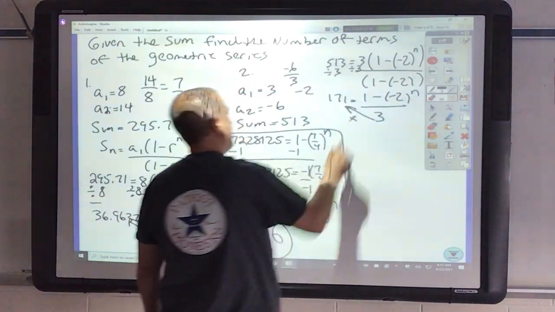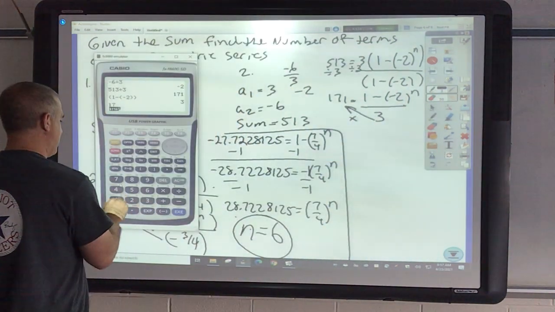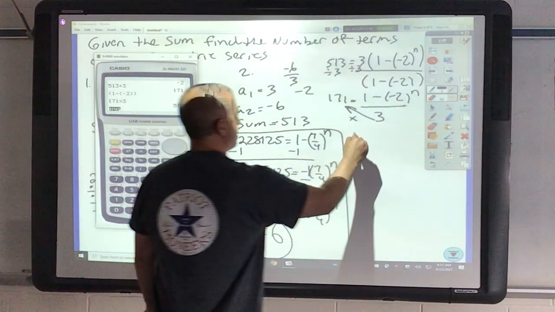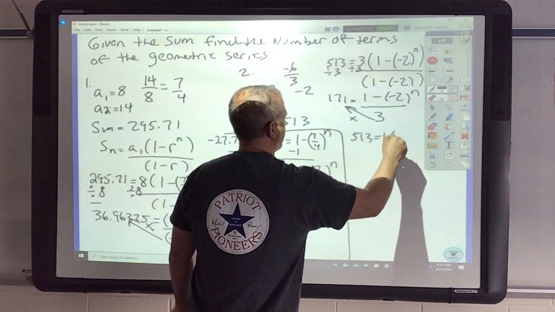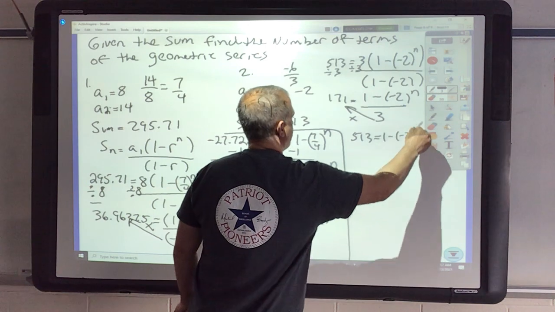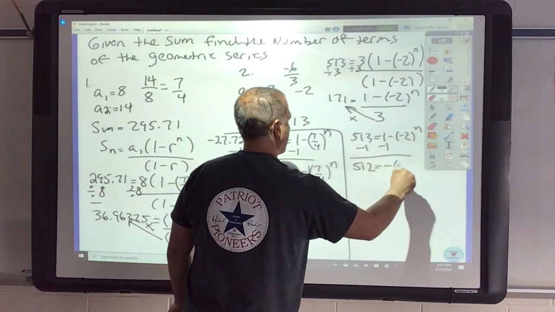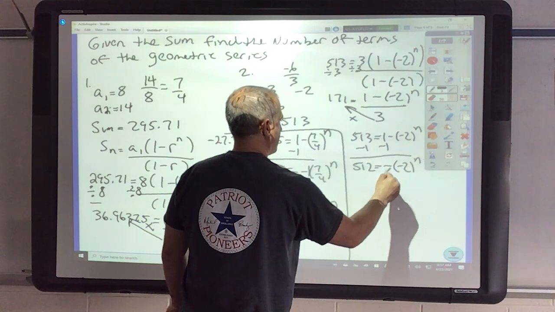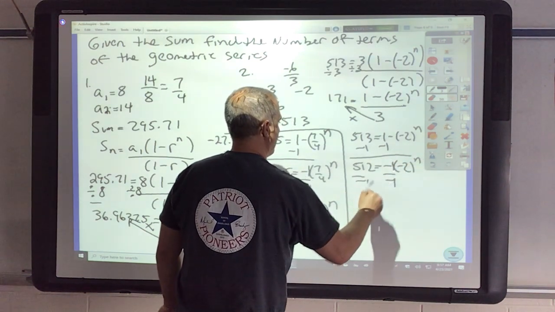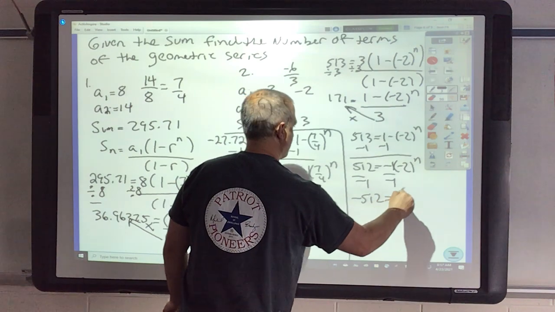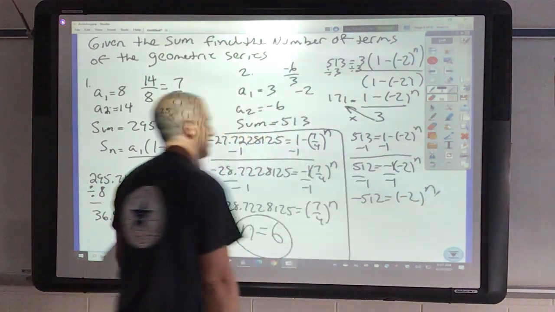And I got 1 minus -2 to the n power. I'm going to cross multiply that. 171 times 3 is 513. We got 1 minus negative 2 to the nth power. I'm going to subtract a 1. So I get 512 equals negative 2 to the nth power with a negative sign. This is like a negative 1, so I divide by negative 1. So I got negative 512 equals negative 2 to the nth power.